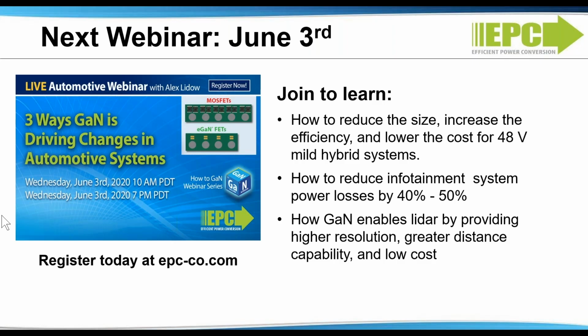How do you deal with EMI and EMC issues? So yeah, we get this question a lot, and as a result, we just posted a new video on designing for low EMI and low EMC using eGaN FETs. So go onto our website and look at the how-to GaN video series, and you'll see. But the bottom line is that because we have chip scale packages, if you have an efficient design, you have much lower parasitic inductance than with any MOSFET design, where just the package inductances are 4 or 5 times higher than the total inductance you'll get with a design with a GaN device.